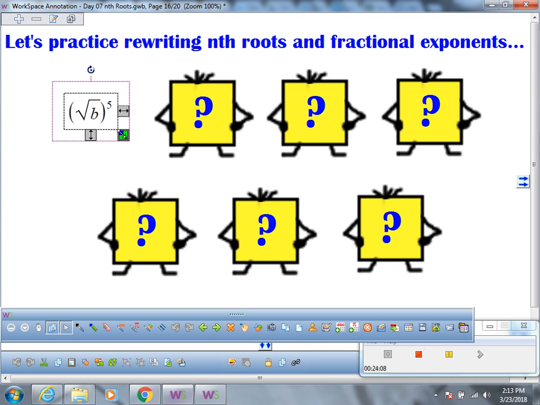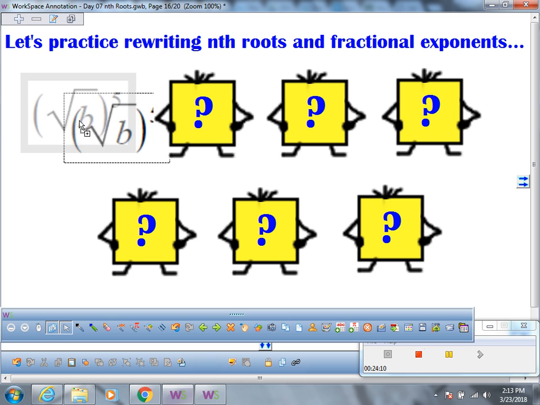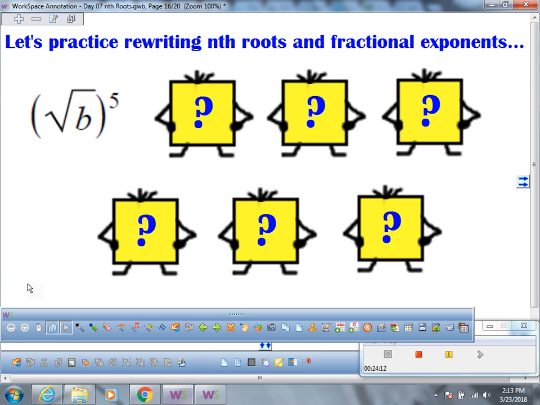Get your whiteboards out. Can you write this out for me? Whiteboards. Put it as a fractional exponent. Okay, I'll do the first.